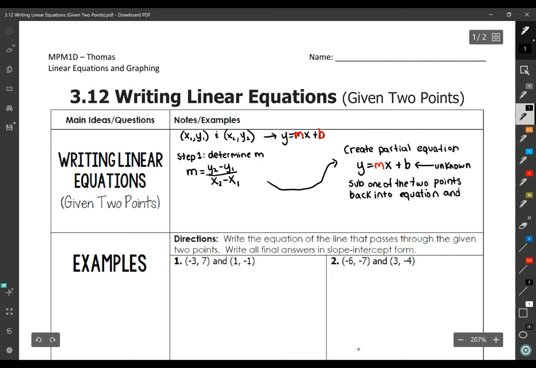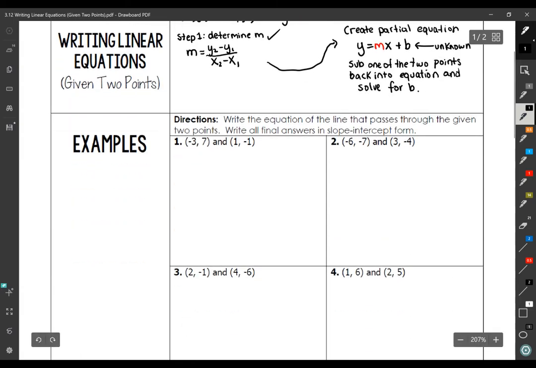So step 1, we are determining m. Step 2, we're substituting in our point into the partial equation and solving for b. Okay, so let's work our way through this.